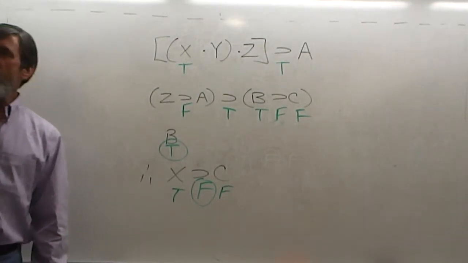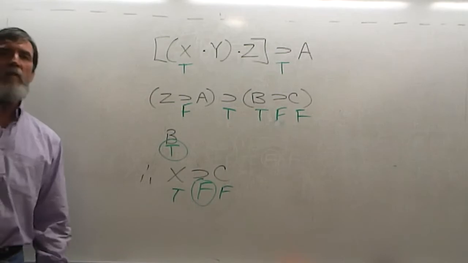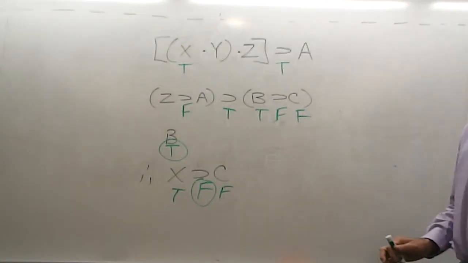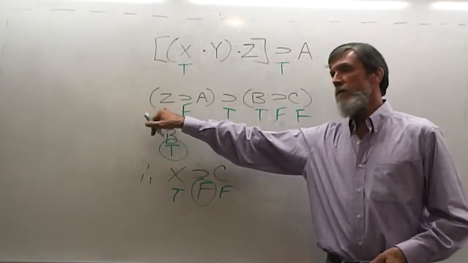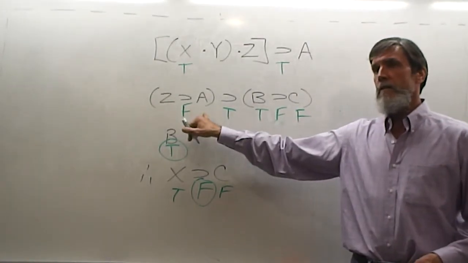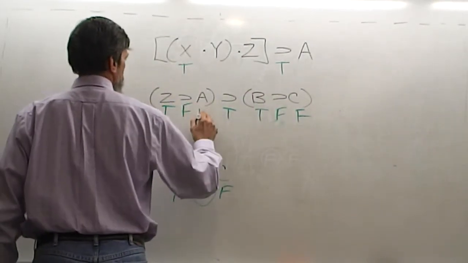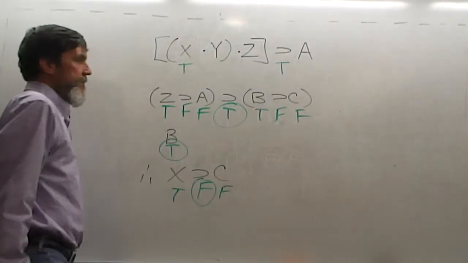The antecedent of the first horseshoe has to be true, followed by the consequent being false, because it's the only time the horseshoe could be false. Outstanding. Done.